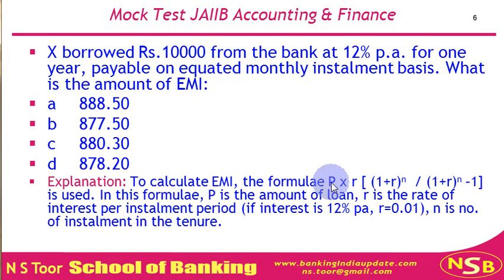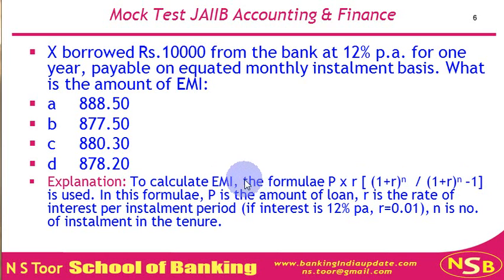So this is the formula we can make use of to calculate EMI: Principal into R into (1 plus R) raised to power n divided by (1 plus R) raised to power n minus 1.